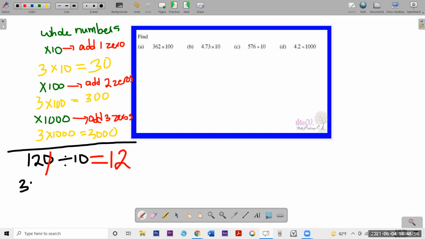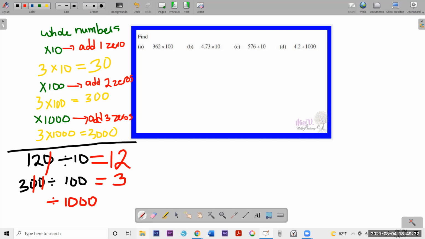If you have 300 and you divide by 100, you know how much you're going to be canceling in this example. You're going to be canceling 2 zeros, so you end up with 3. And the same thing happens when you are dividing by 1,000. Okay? General knowledge.